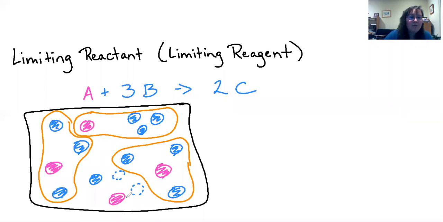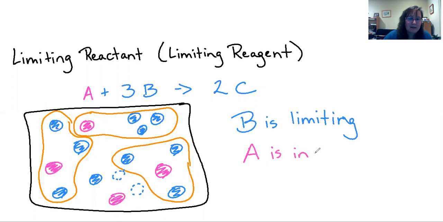Okay, so we have this A value, but we don't have enough of our B values. We need these 2 B values in order to react with this A, but they're not there. So B is limiting. And because we don't have enough B, that means that A is in excess.